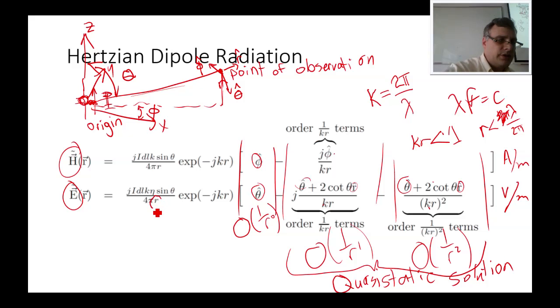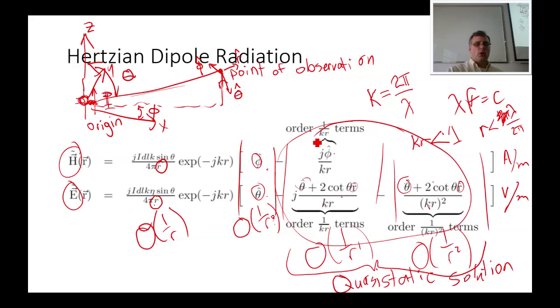now keep in mind also, there's an additional order 1 over r term out here in both the H and the E field already. So when we say order 1 over r to the 0, that's really order 1 over r in terms of attenuation, then 1 over r squared, then 1 over r to the 3rd as we move along.